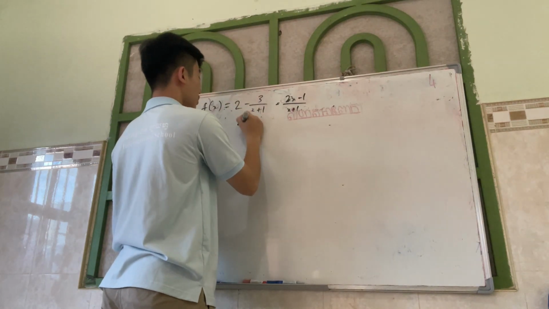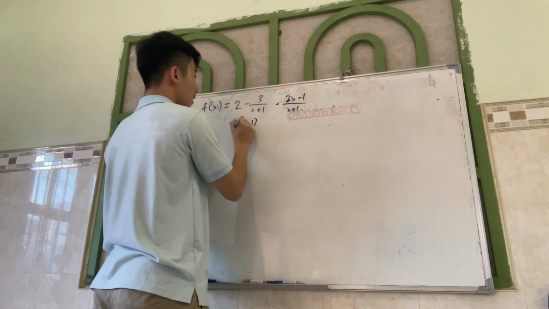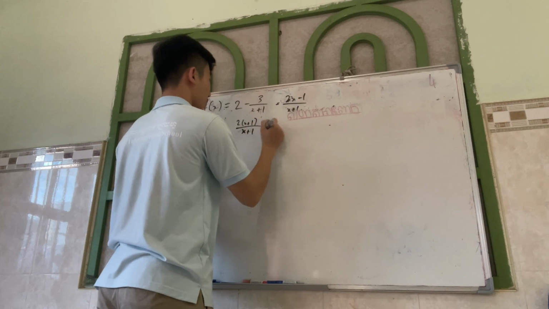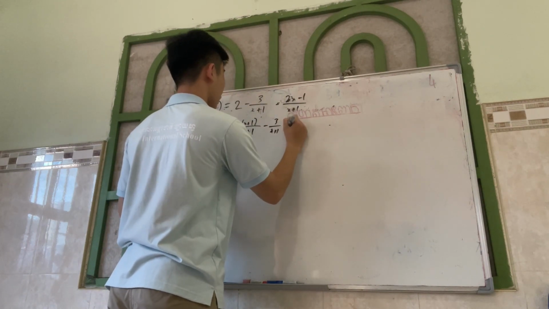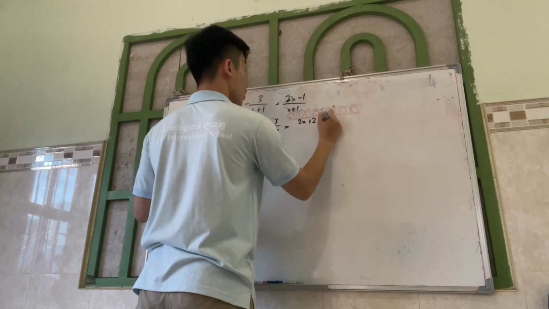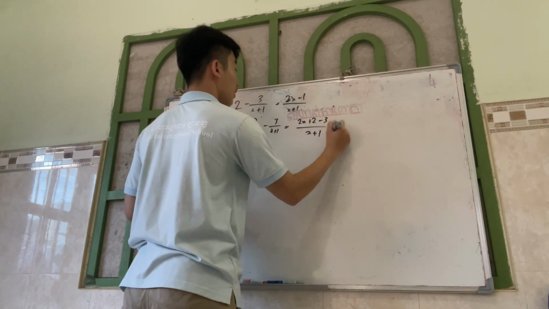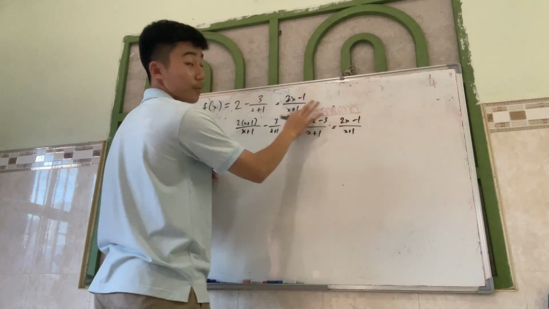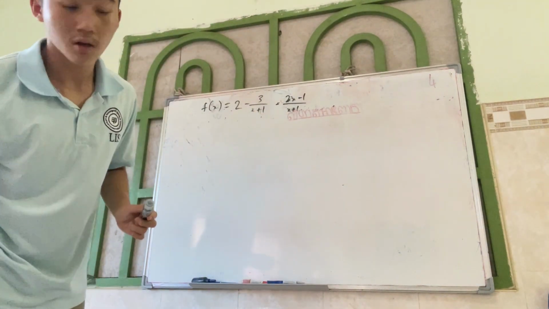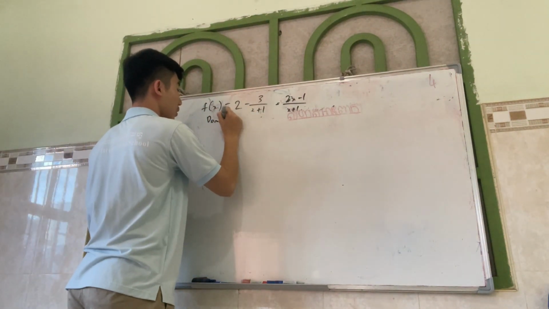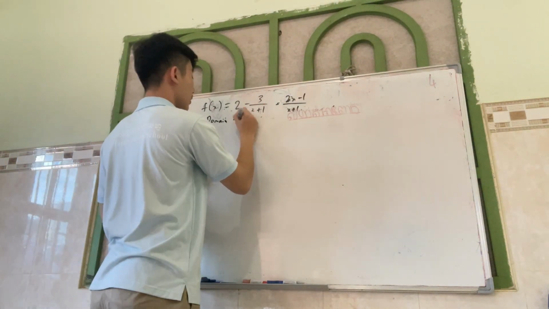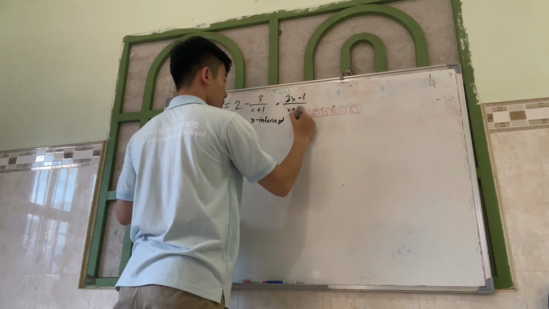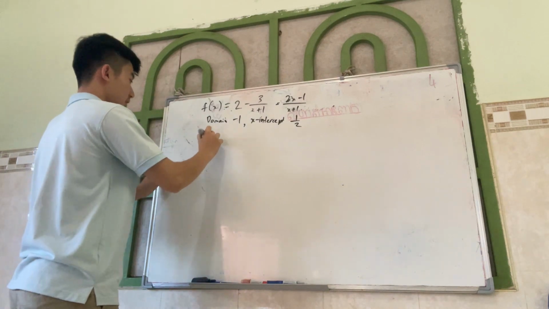We make the denominators the same, and then we subtract from each other. 2 times x plus 1 minus 3, over x plus 1, is 2x plus 2 minus 3 over x plus 1, so we get 2x minus 1 over x plus 1. See, this is the same. And our domain restriction was negative 1, and our x-intercept was 1 over 2.